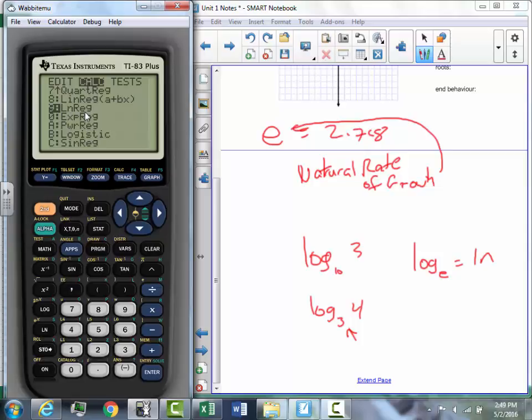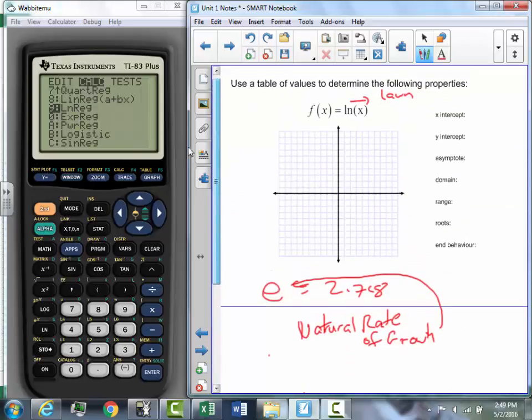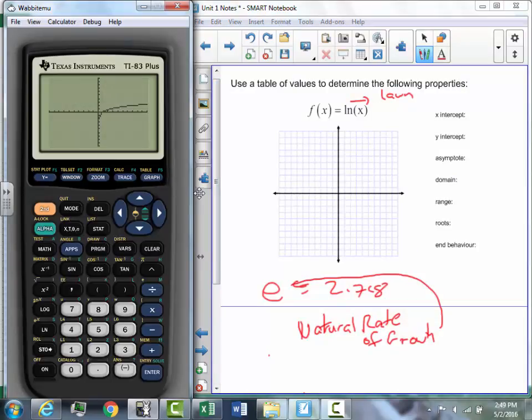That stands for natural logarithm regression. Okay, everybody clear on that? Don't use logistic. It's going to give you a totally wrong answer. Even when you use logs, we're using ln because ln is actually a special type of logarithm. Would you agree that the graph I just showed you pretty much looks like a logarithm graph like I showed you before?